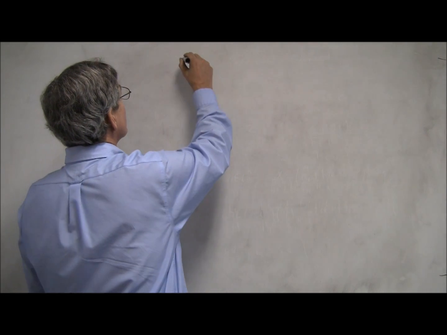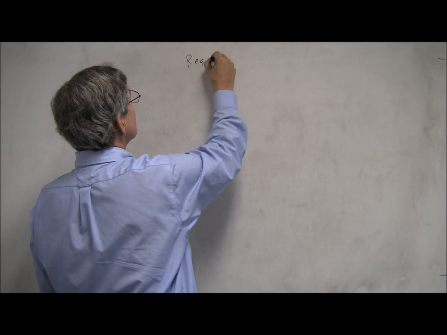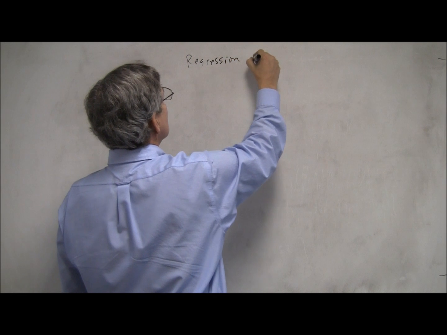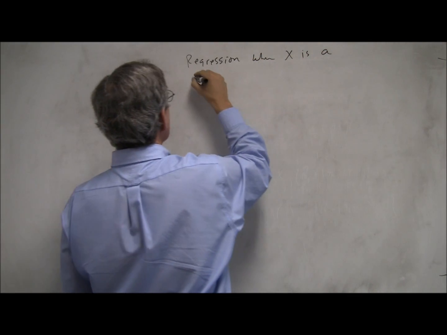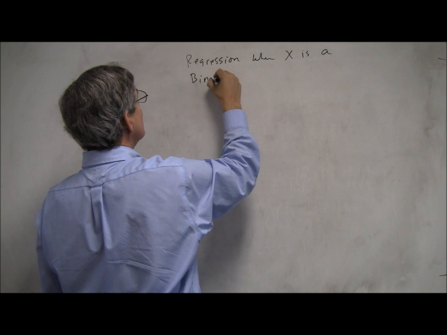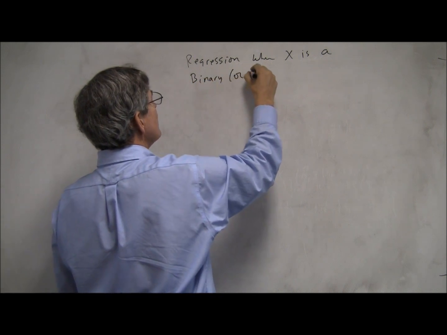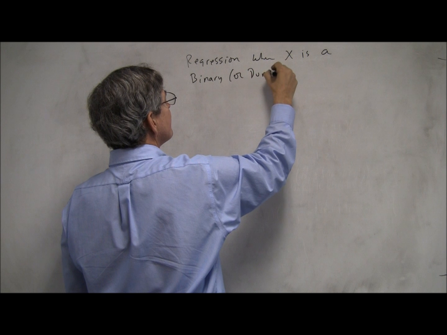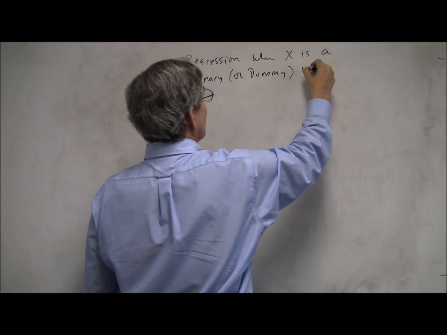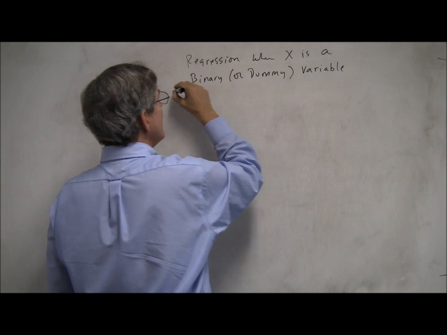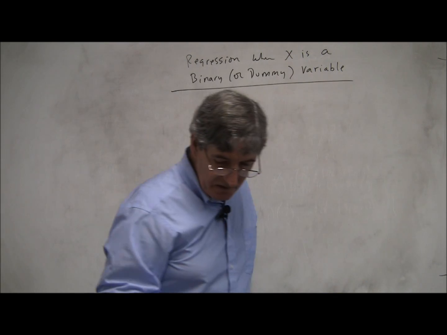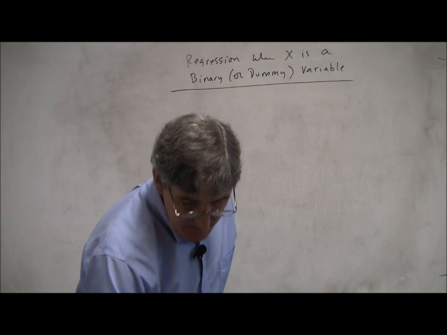So this is a section about regression when X is a binary, or sometimes it's called a dummy variable. So this is when X can only take on 2 values, and they're almost always 0, 1.